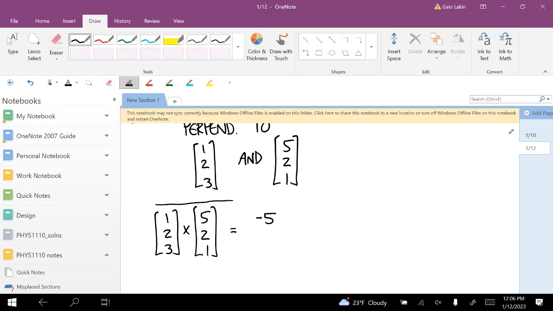And then for the Y component, Y is always the difficult one, so you'd have a negative of, cross out the Y components, and it's this times this minus this times this. So 1 minus 15, so that's -14.